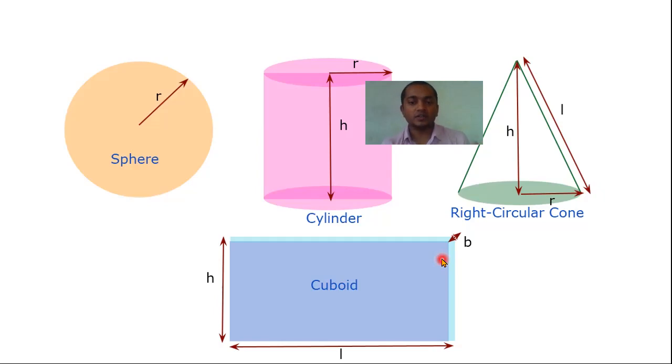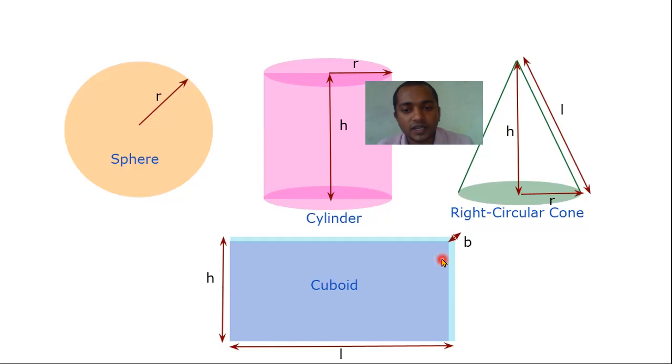So finally, the total surface area formula, please note it down, will be 2 pi r h plus 2 pi r square. If we take 2 pi r as common, then the formula will be 2 pi r bracket h plus r. So that is the formula for a cylinder.